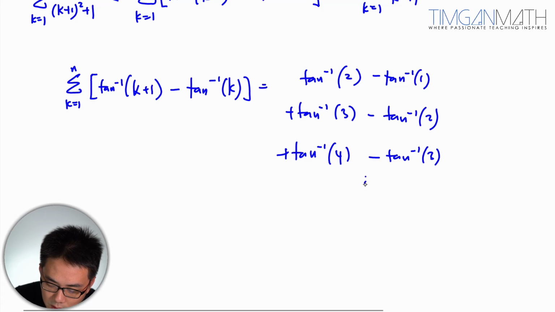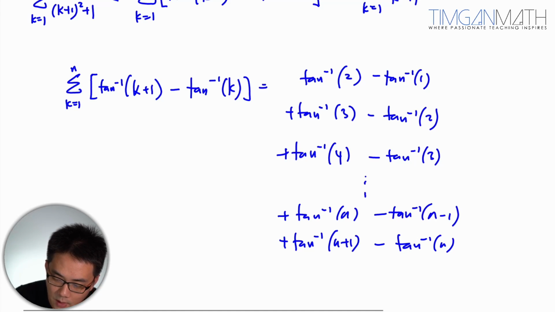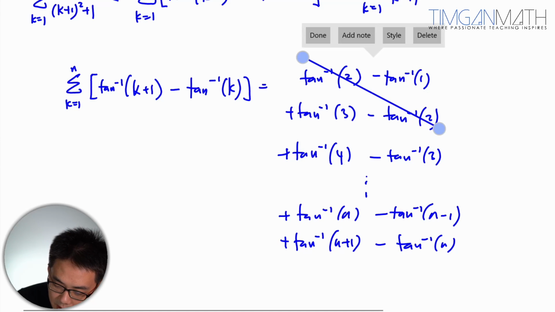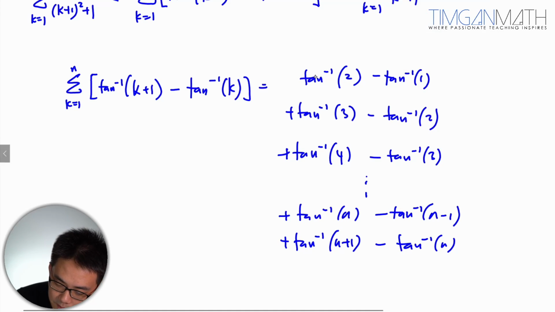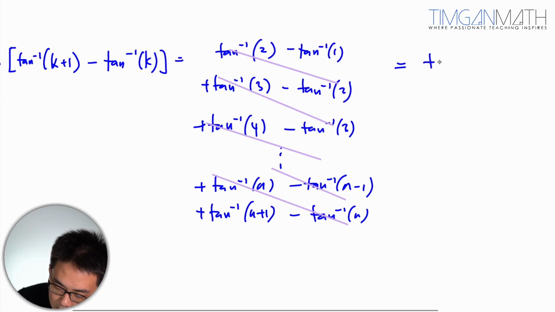Okay, so this will just go all the way to plus tangent inverse n plus 1 minus tangent inverse n plus tangent inverse n minus tangent inverse n minus 1. Okay, so once this is done, we're going to cancel this part here. Cancel it out. And this will just give us tangent inverse n plus 1 minus tangent inverse 1.